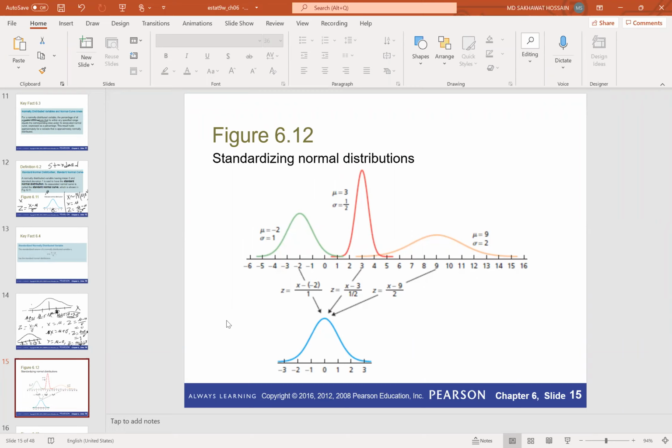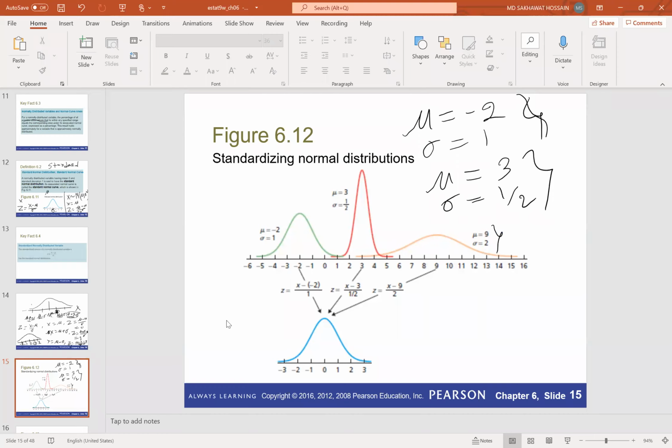So the first one, the mean mu is -2 and sigma is 1. In the second one, mu is 3 and sigma is half. And in the third one, mu is 9 and sigma is 2. So we have 3 different normal distributions.